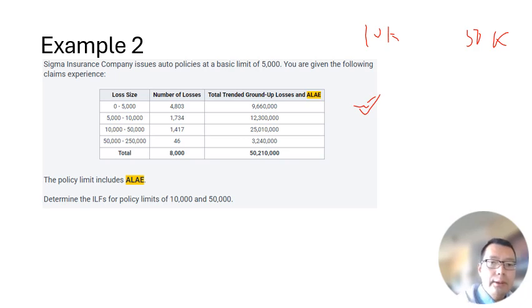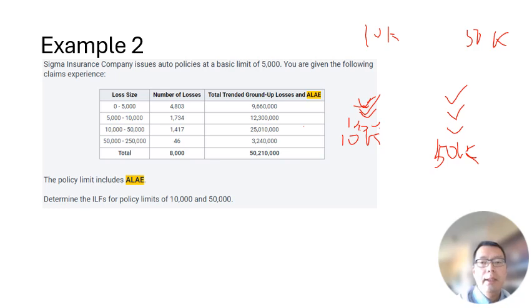So in these two cases, 10K will be used for both the third and fourth. But if the limit is 50K, similarly we use the first one, and the second one. For the third one, we still use the actual number there, and only the fourth one will use 50K, because this is capped at 50K.